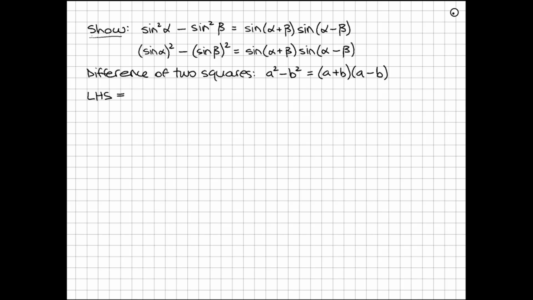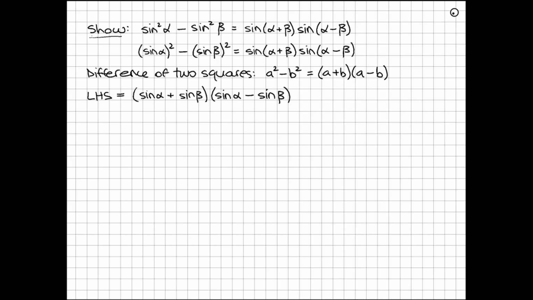So our left-hand side, sine alpha all squared minus sine beta all squared, is sine alpha plus sine beta multiplied by sine alpha minus sine beta.